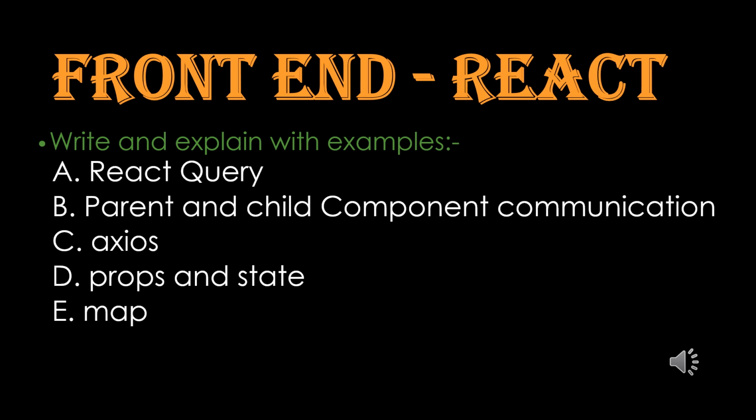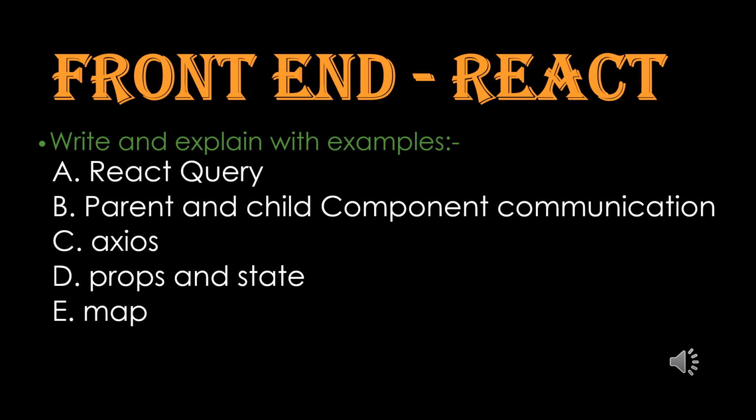React Query is mainly used for fetching data from REST API calls. For parent and child component communication, we have state and props to communicate the data. So we need to explain how parent and child components usually communicate in React. Third one is Axios. Axios is also for data fetching only.